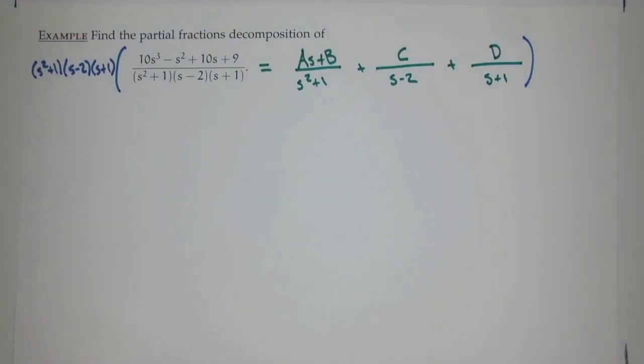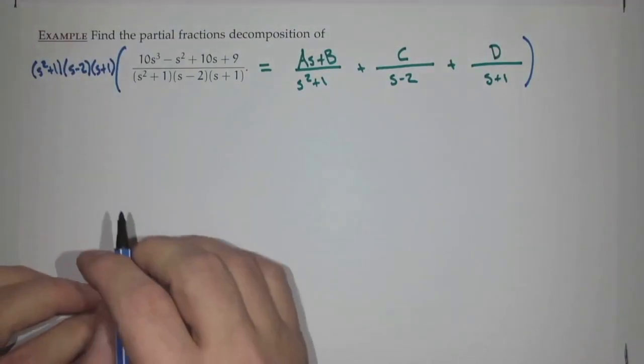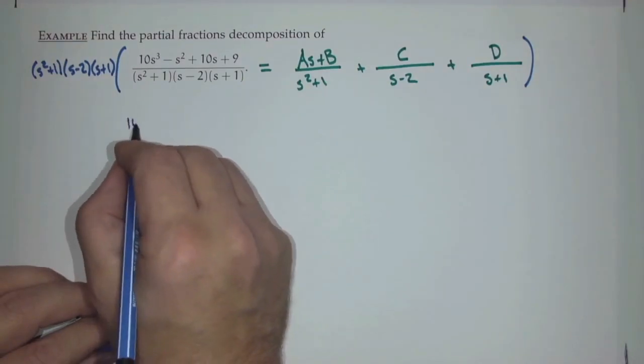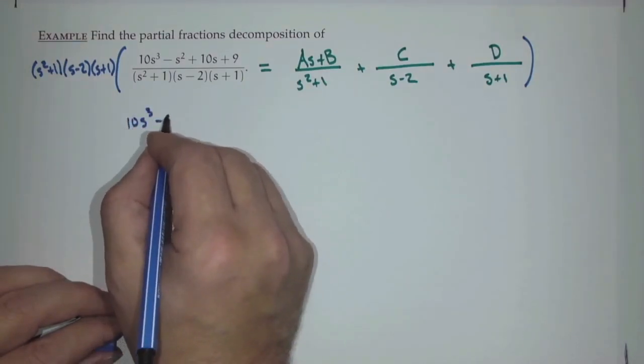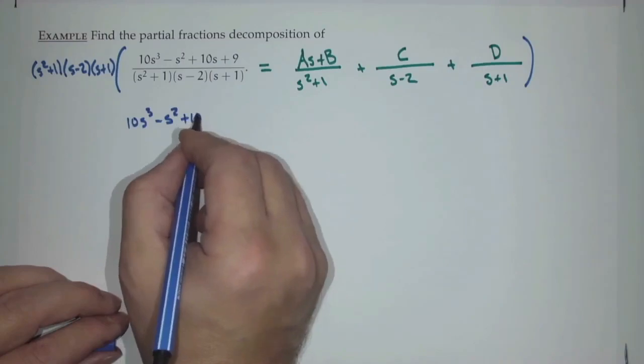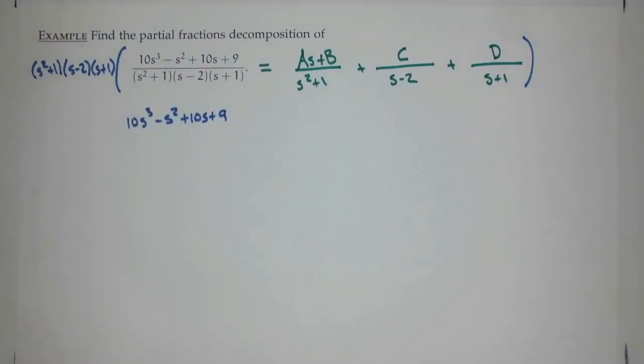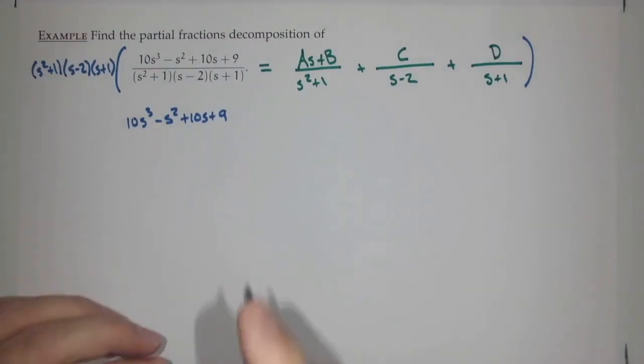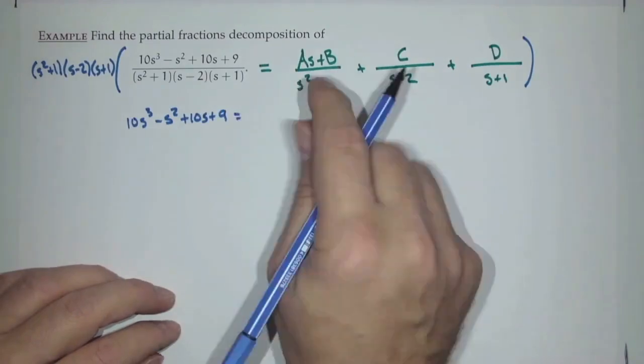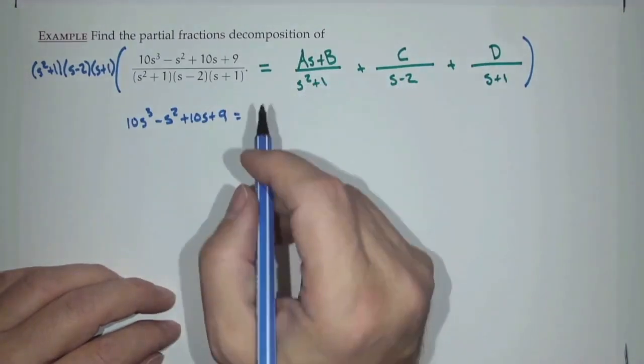On the left-hand side, what will be left? 10s cubed minus s squared plus 10s plus 9. In other words, what's left is the numerator. The right-hand side, slightly more interesting. Okay. What will be left with the first piece?